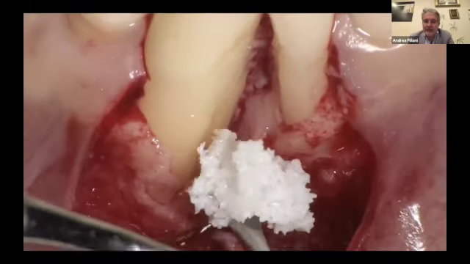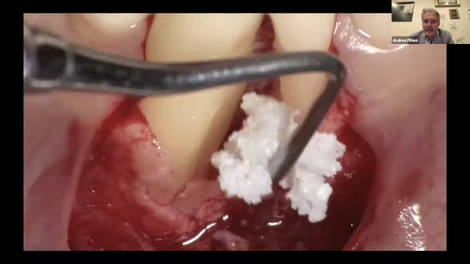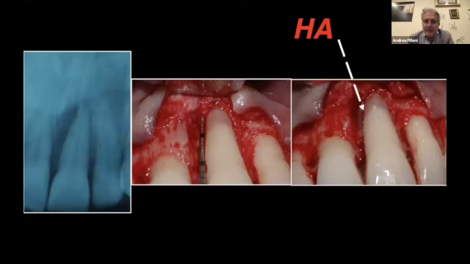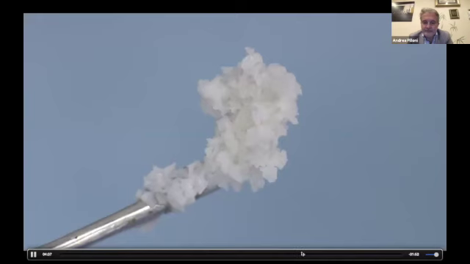Well, let me tell you one thing. First of all, HA can be applied in the presence of blood, because we know that the role of HA is strongly related to the importance of the presence of the clot and clot stabilization, clot stability.